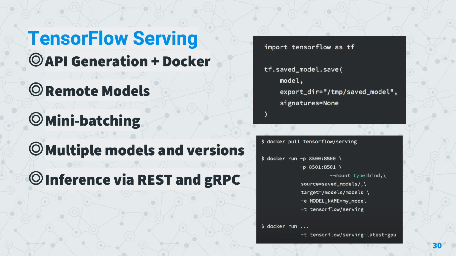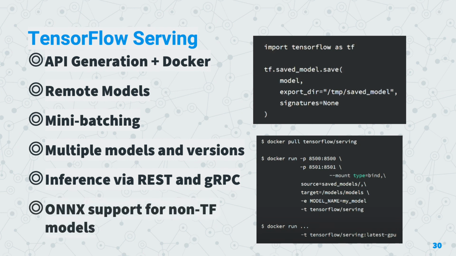REST is mainly used for quicker and easier to understand communication, whereas gRPC is a very efficient but harder to implement communication protocol. ONNX support for non-TF models is enabled, which means that PyTorch and other frameworks could use TensorFlow Serving to serve models.